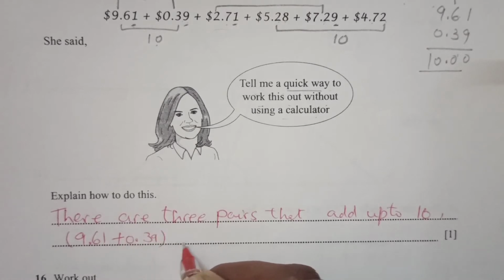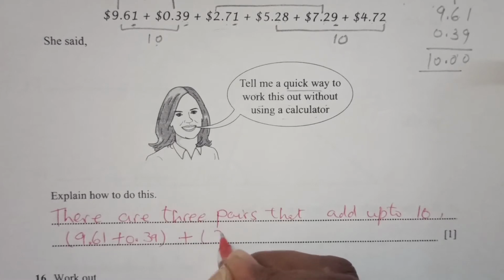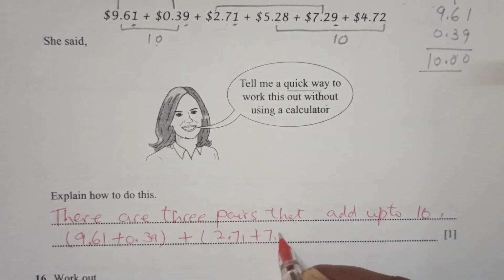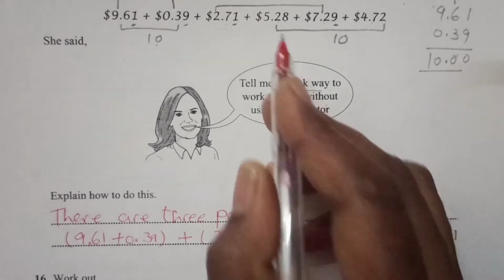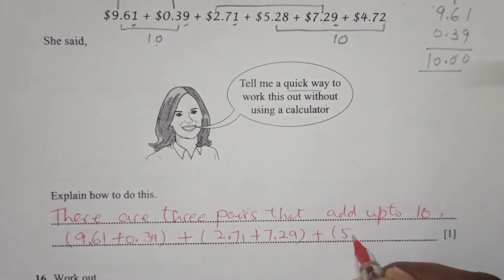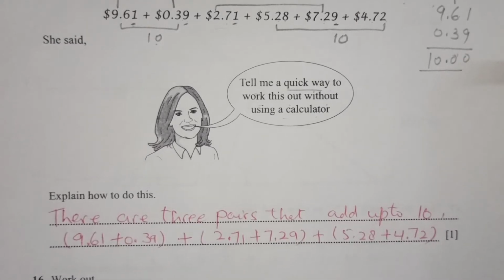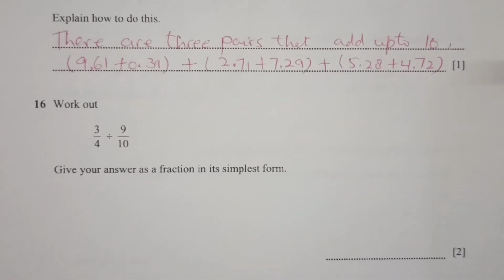First we add this, then we have to add 2.71 and 7.29, then plus 5.28 and 4.72. So this will make our calculation easy, right? You need not show the actual answer because they just ask us the method to do that, right? Now let's move to the next question, number 16.